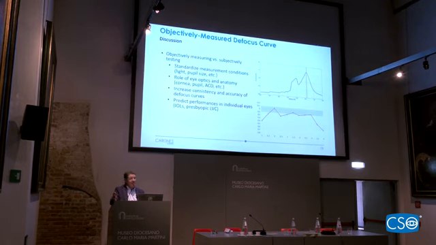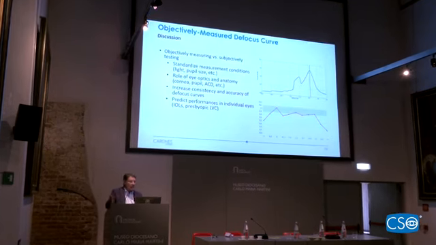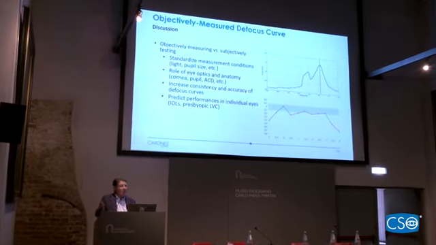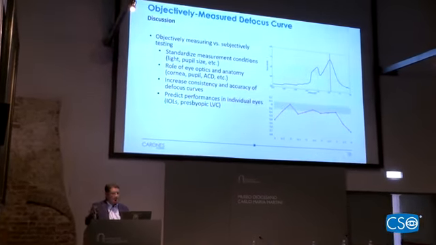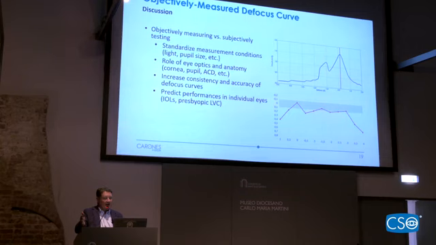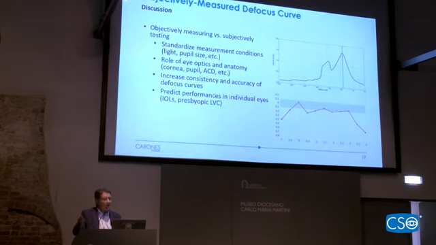And I think this is very interesting from many points of view, because this may open the possibility to standardize measurements also according to different conditions, like the light, like the pupil size, and really assess whether these parameters have an impact on patients' performances when measuring them after, for instance, the implantation of presbyopic correcting IOL.